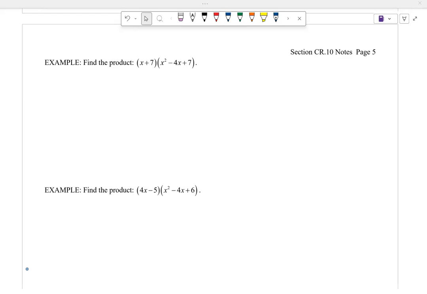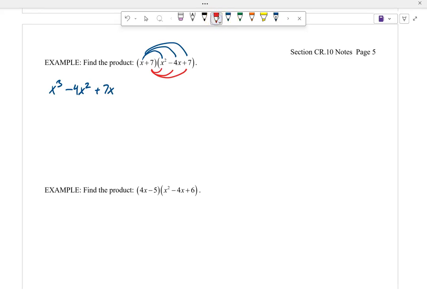I just like to take the x through to everybody first, and then I like to take my 7 through to everybody after. So I've got x times x squared, that's x to the third. Then I have x times that negative 4x is a negative 4x squared. Then I have x times 7, which is 7x.